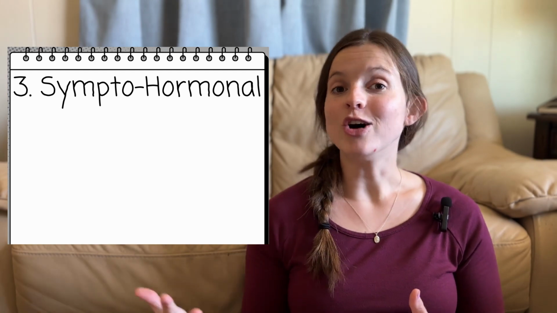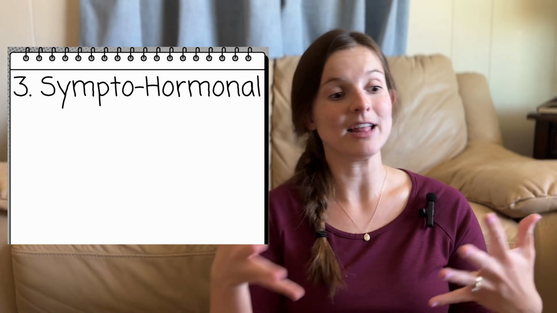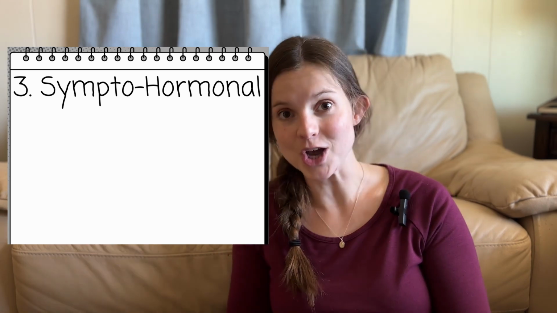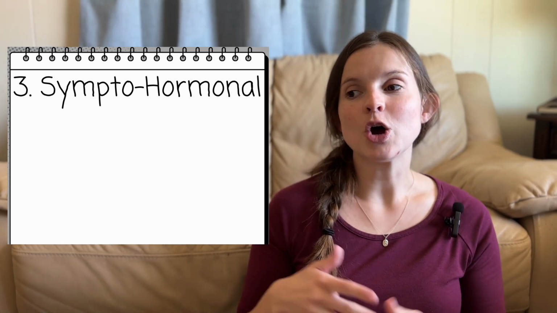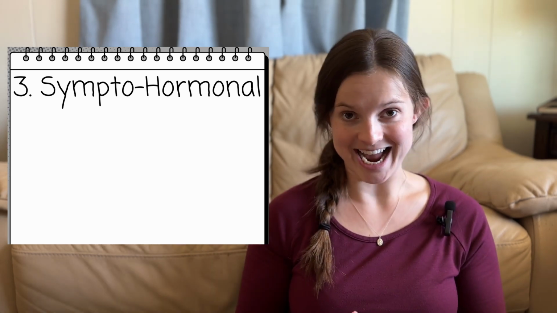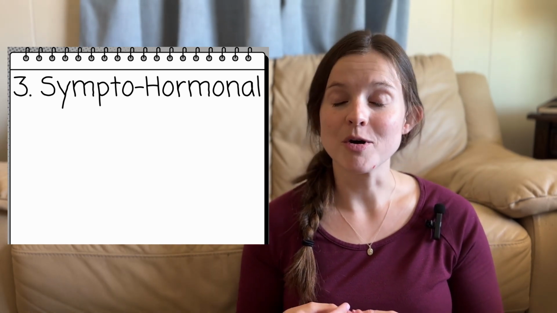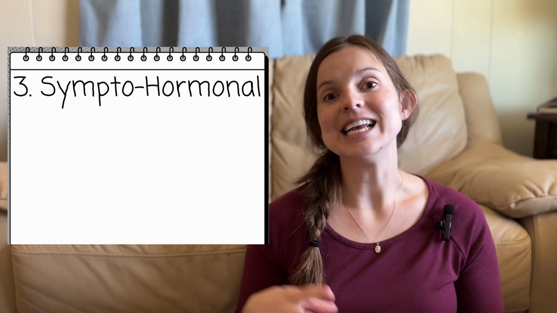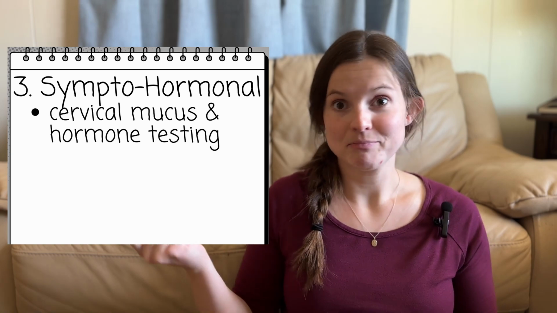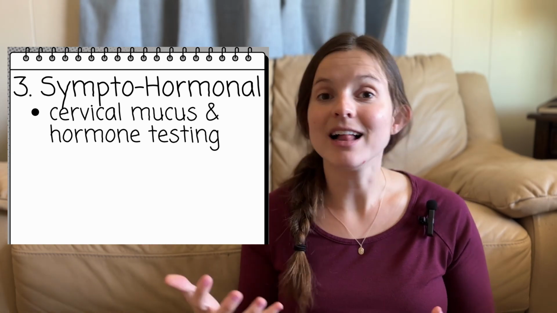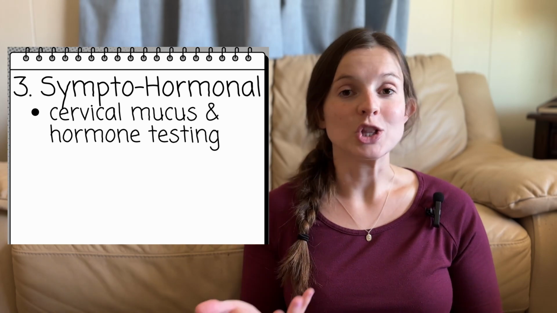Now, the third umbrella of natural family planning or fertility awareness-based methods are going to be sympto-hormonal methods. These are also cross-check methods, meaning that they're looking at cervical mucus, but you're also using other signs to determine your fertility. The main other sign that a sympto-hormonal method is going to use is either an LH strip, a strip that you would pee on, and it tells you where your LH levels are, which is your luteinizing hormone.